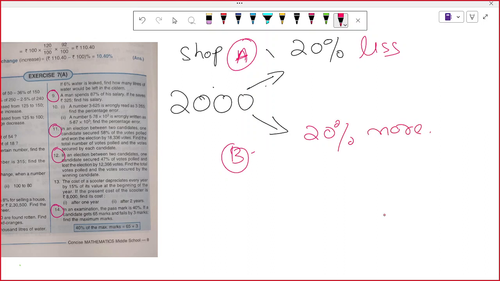Can you find the values? How much do you have to pay in shop A and shop B? The actual price is 2000. In shop A, you pay 20% less. In shop B, you pay 20% more. So 80%, yes, that's fine, but I don't need the percentage, I need rupees. How do you convert percentage into rupees?